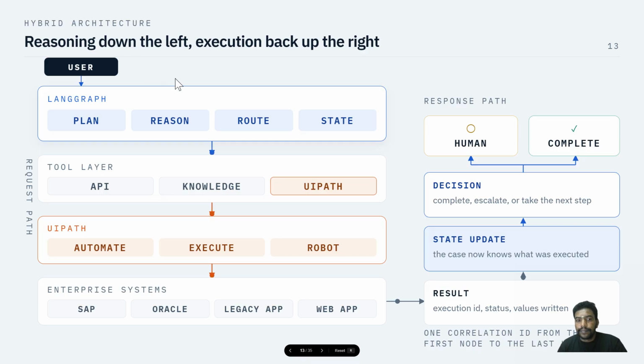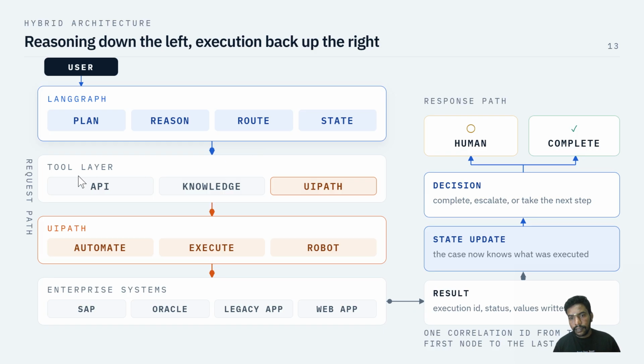So a request arrives from a user or a queue. What does LangGraph do? Plan, reason, route, then hold the state. When an action is required, it calls the tool layer, right?